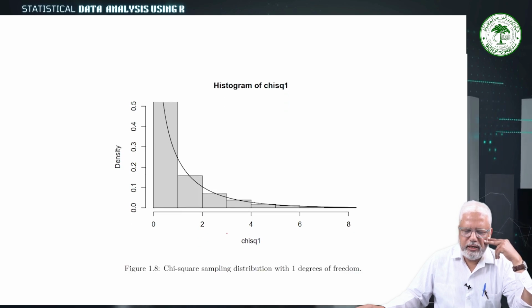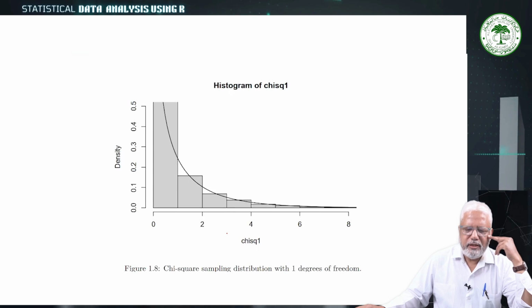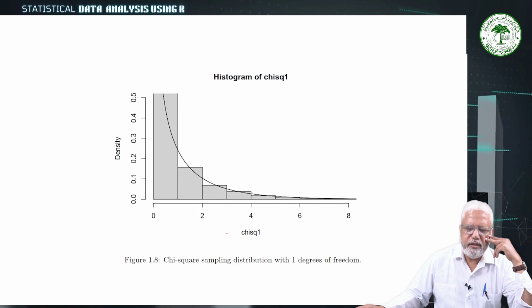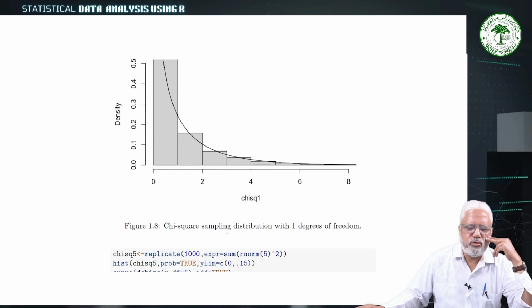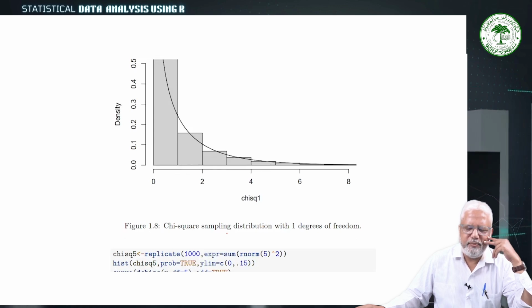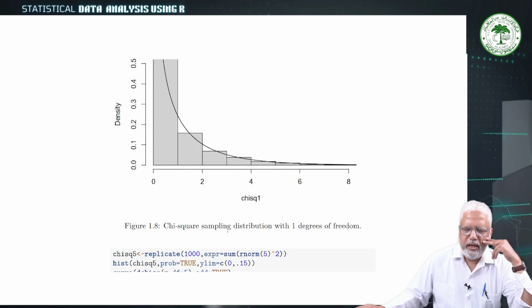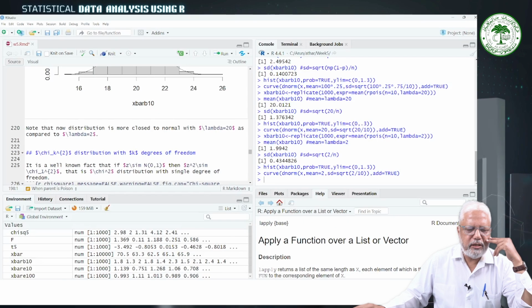This shows that the simulation is actually from the chi-square distribution, because the histogram is made on simulated data, whereas the curve is exact, and both match. So our simulation is very good, and we can get these commands by just clicking here.